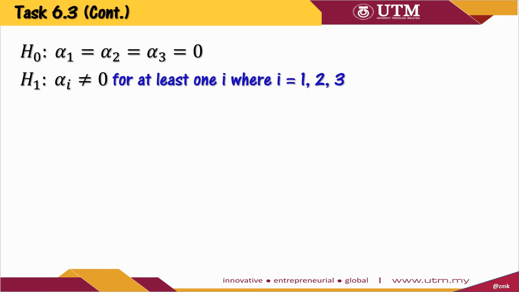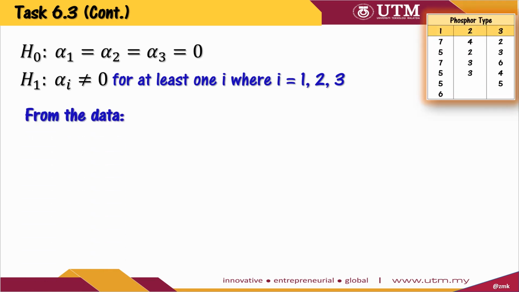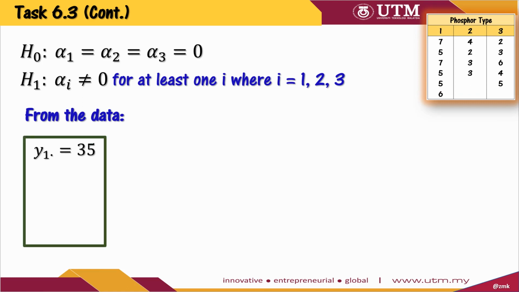Next, before writing down the decision rule, you may want to first calculate the test statistic value, which is the value of calculated F ratio, through an ANOVA table. Thus, you need to begin with calculating the sums of squares. From the data shown in the previous slide, you can find the level totals and show that y1 dot is 35, y2 dot is 12, and y3 dot is 20.